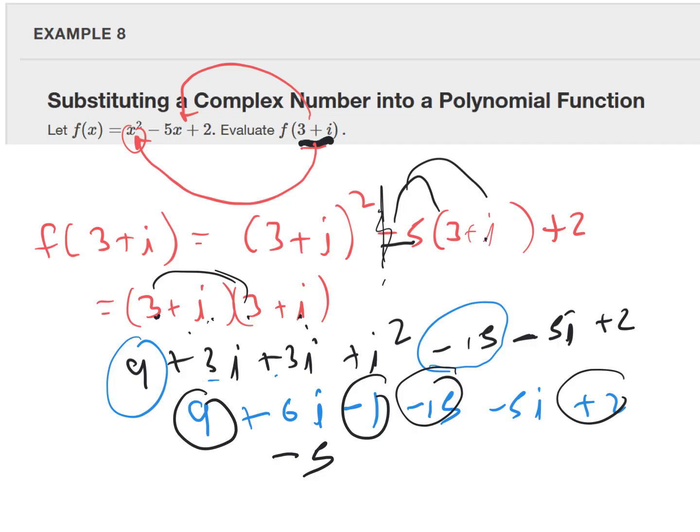Now I'm going to do the imaginary pieces. 6i, that's positive, minus 5i means I only have one i left, plus i. Negative 5 plus i I believe is the correct answer. If not, I'll be bummed.